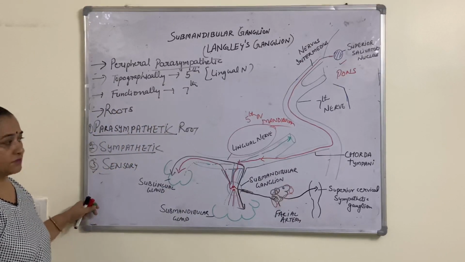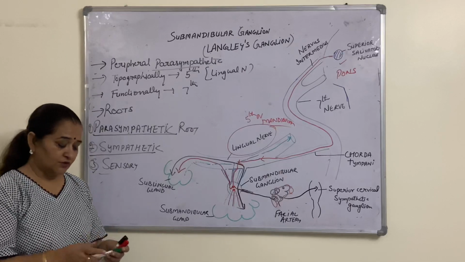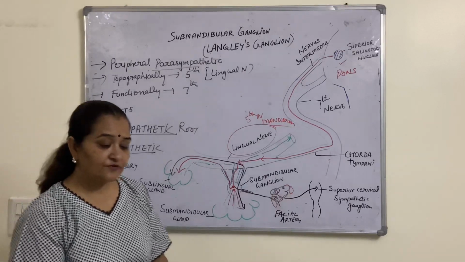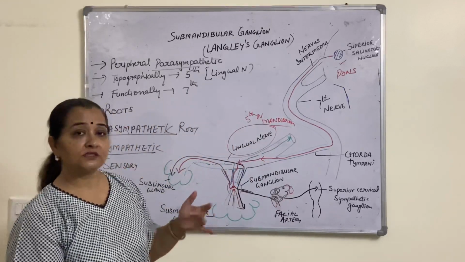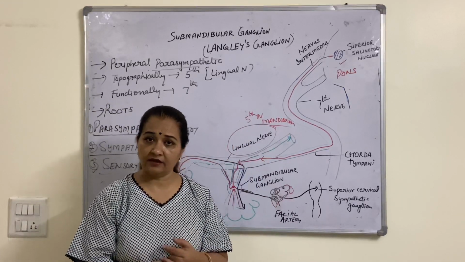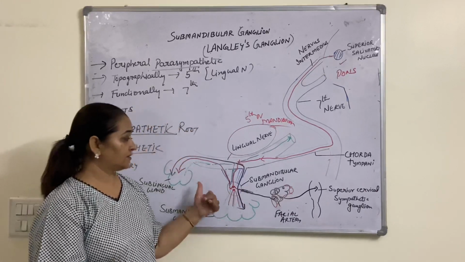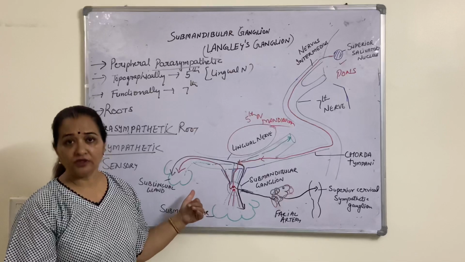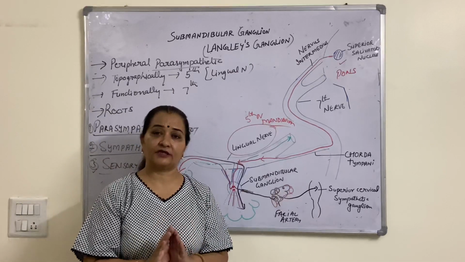So this is the sensory route of the submandibular ganglion. With this, we are finished with the four peripheral parasympathetic ganglia: the ciliary ganglion, otic ganglion, pterygopalatine ganglion, and this last one, the submandibular ganglion.